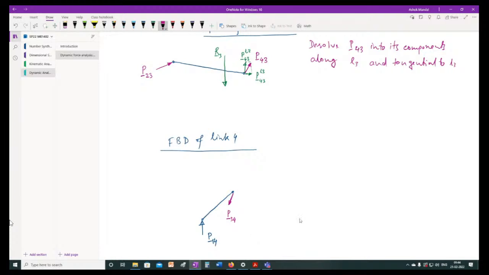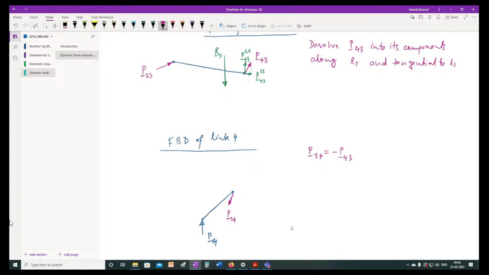Okay, so we'll call this a P34. Obviously this P34 must be equal to minus P43, right? For equilibrium of this point, this force must be equal and opposite to this force.